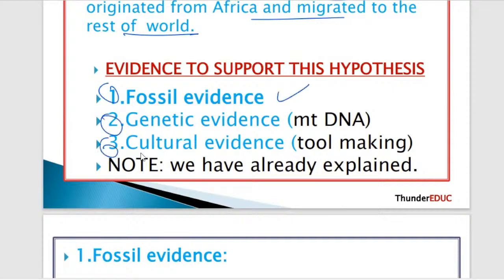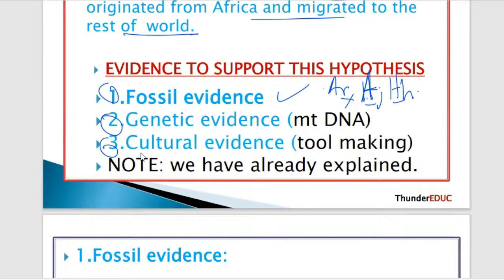For fossil evidence, you talk about the oldest fossils: Ardipithecus, Australopithecus, and Homo habilis. All of them were discovered in Africa only.